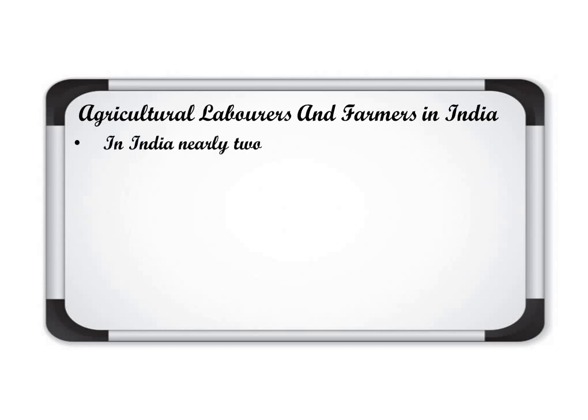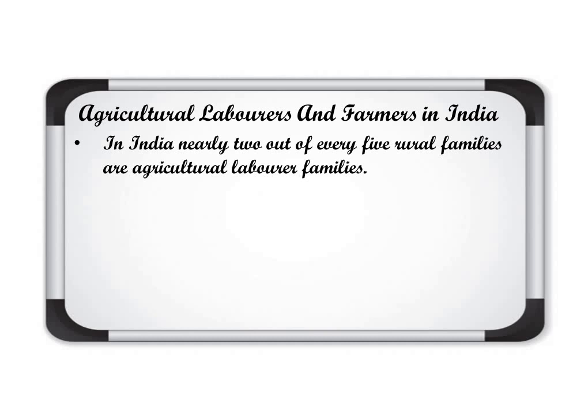In India, nearly 2 out of every 5 rural families are agricultural laborer families. Agricultural laborer families are the families who do not have their own land and depend on others' land for work. So out of 5 families, nearly 2 families are landless laborer or agricultural laborer families in India.